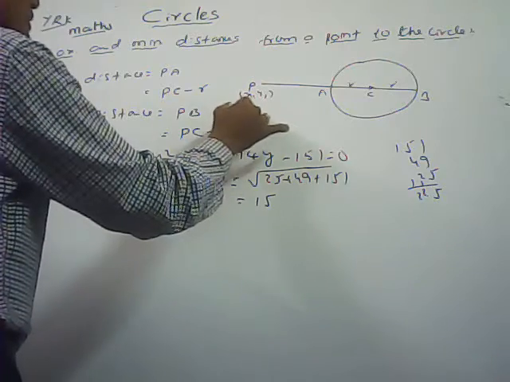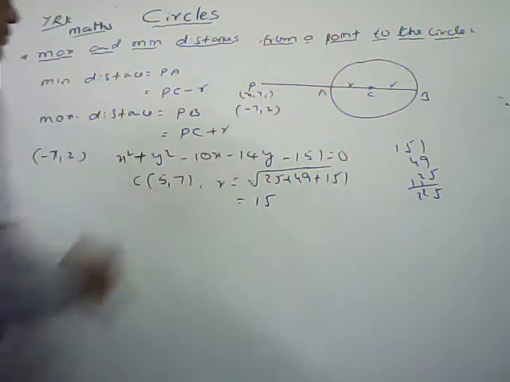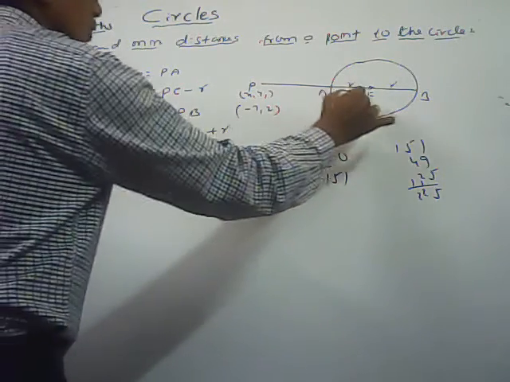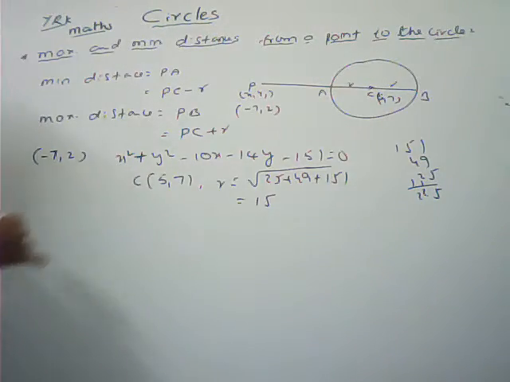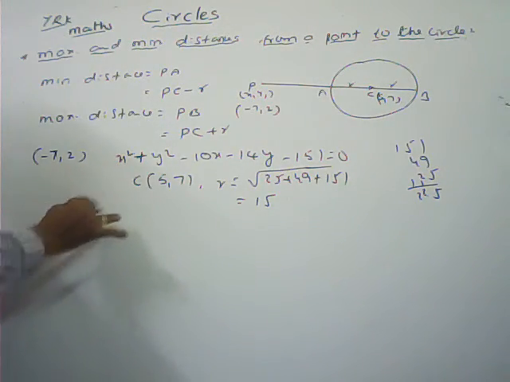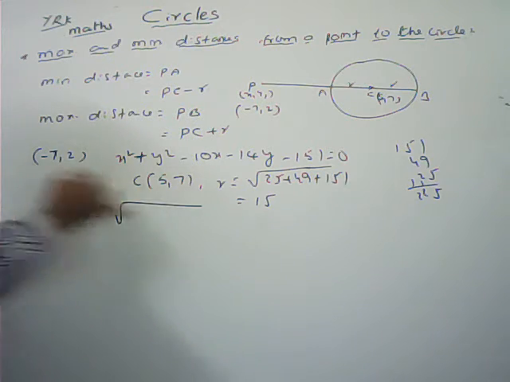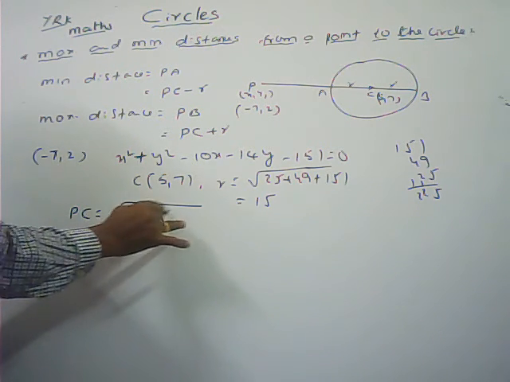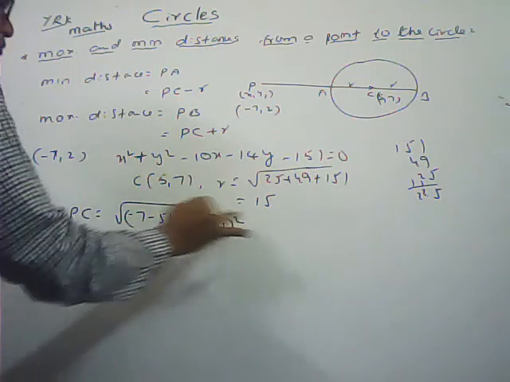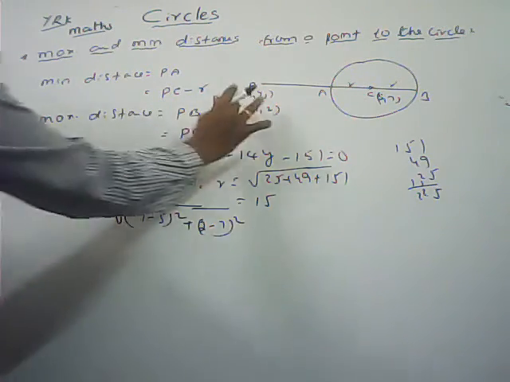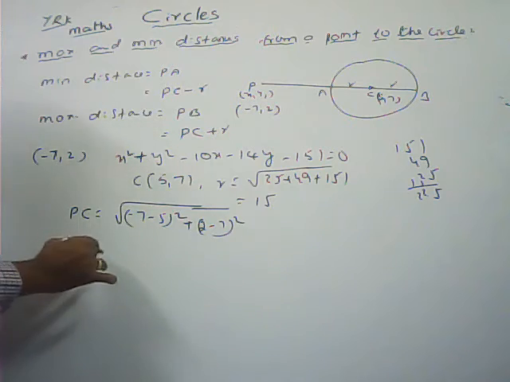Now here point is given, minus 7 comma 2, and center 5 comma 7, and radius also we got. First to find the distance between P and C, that is x2 minus x1 whole square, minus 7 minus 5 whole square, plus y2 minus y1 whole square. I am finding the distance between these 2 points.